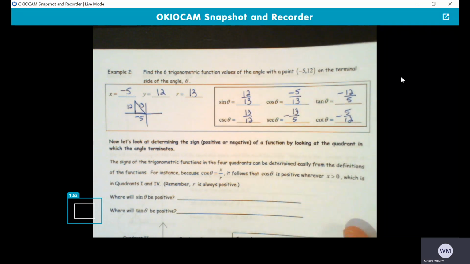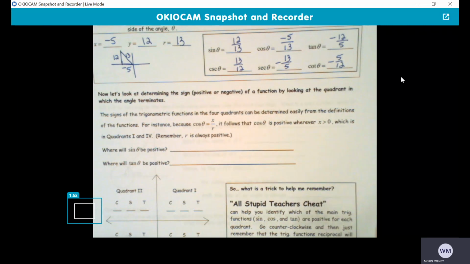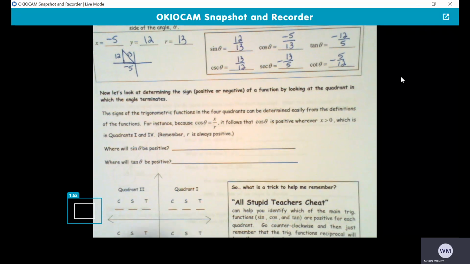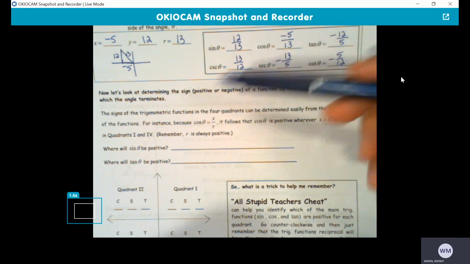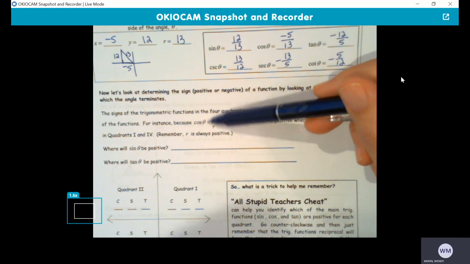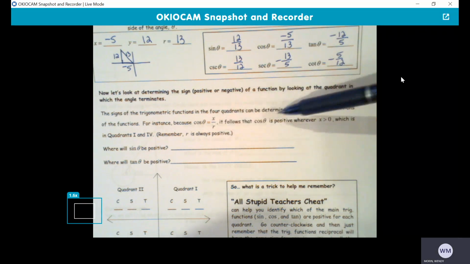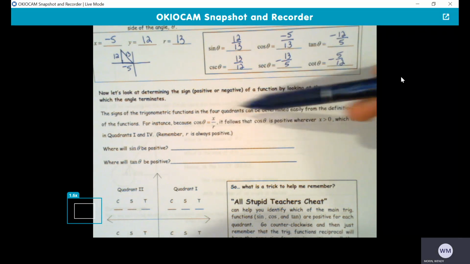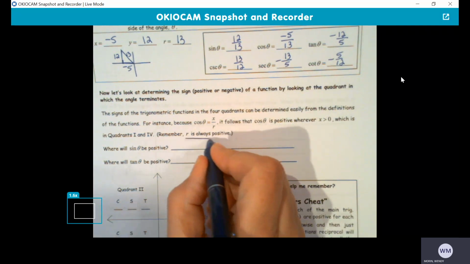All right, now let's look at determining the sign, positive or negative, of the functions. Now this is very, very important. The signs of the trig function, the 4 quadrants, can be determined easily by the definitions of the functions. So if you look at the cosine, x divided by r, the radius r is always positive.